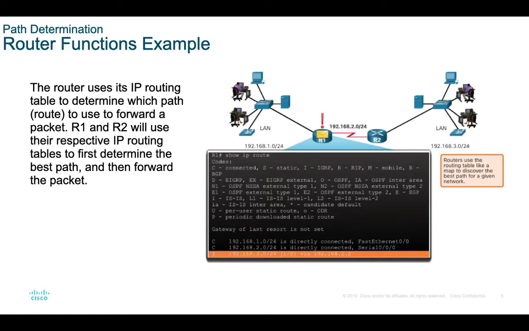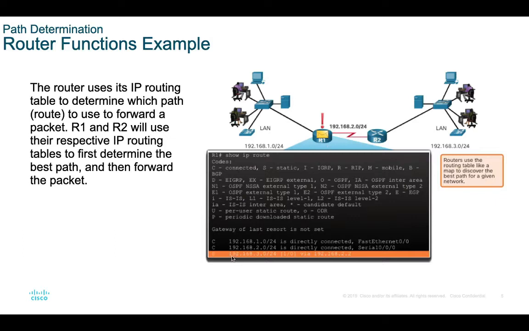As you see here, C 192.168.1.0/24. This is the network, and you have an L below that describing the IP address of the interface configured for that device. Then there is one entry here. You can see this is S, which is statically configured on that router 1.